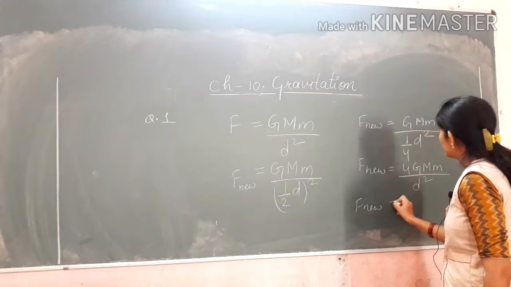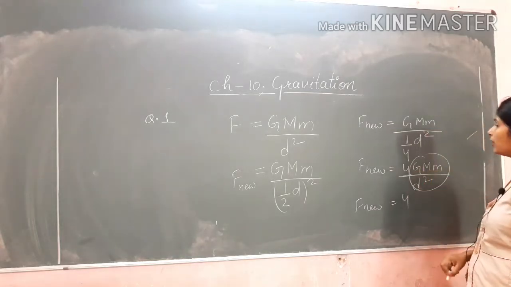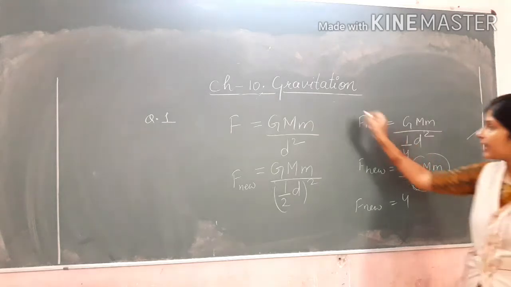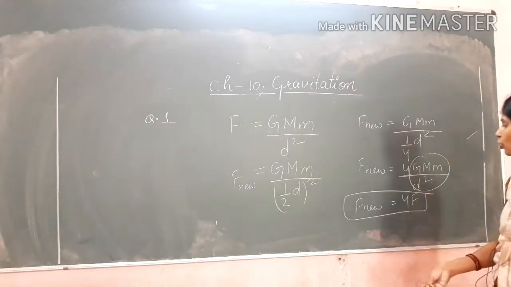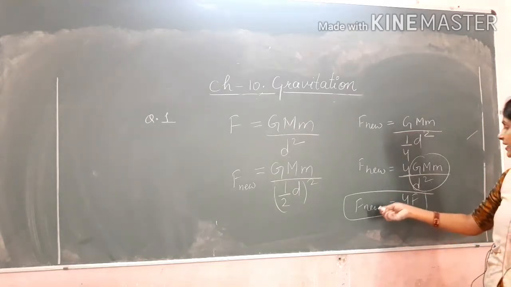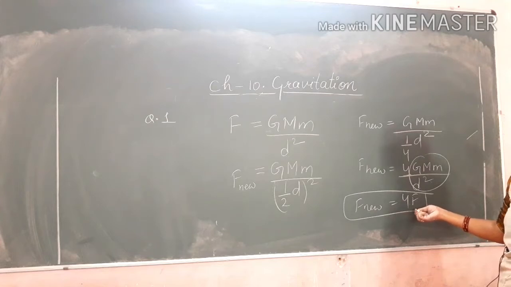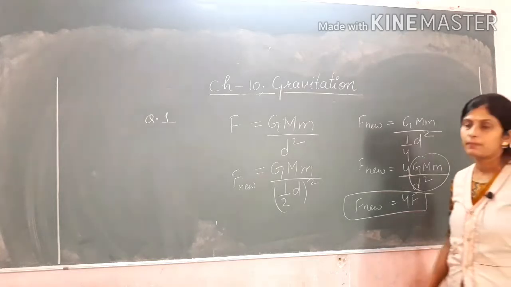F new is equal to 4 G M into m upon d square, which can be replaced with 4 F. So now what is the new gravitational force? It is 4 times the old gravitational force. So it increases by 4 times.